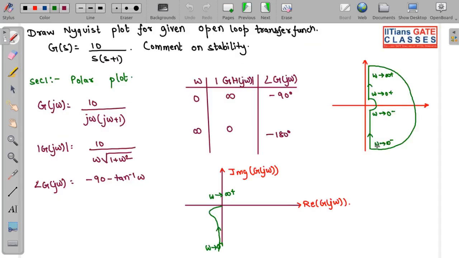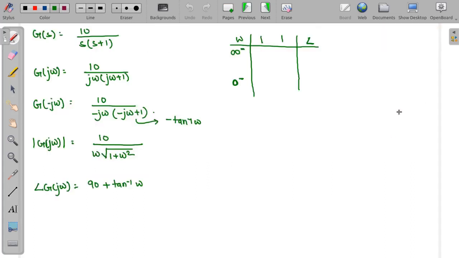You can see it starts from infinite minus and terminates at 0 minus. Already we have taken the contribution of negative part. So in this places, just put the values of omega. So at infinite it will be 0, and at 0 this will be infinite, and at infinite the phase angle will be 180 degree, and at 0 it will be 90 degree.